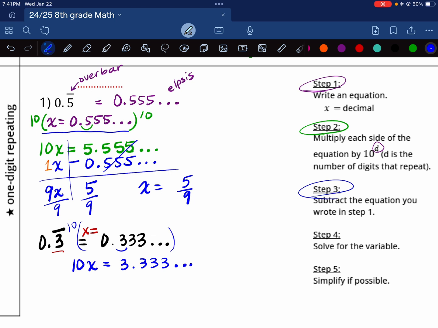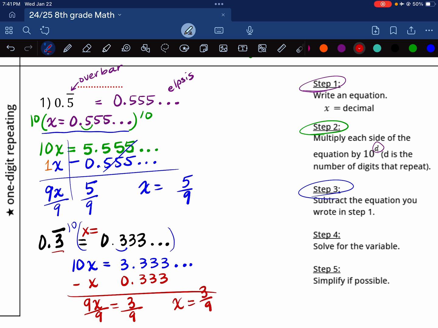And then we're going to subtract x, 0.333. Everything to the right goes away. I end up with 9x equals 3. So we're going to solve for the variable, divide by 9, divide by 9. So x equals 3 ninths.